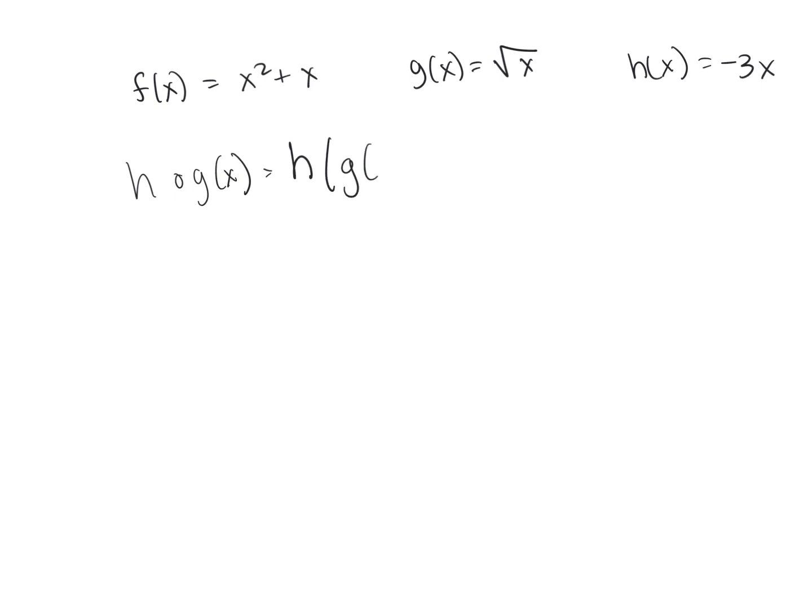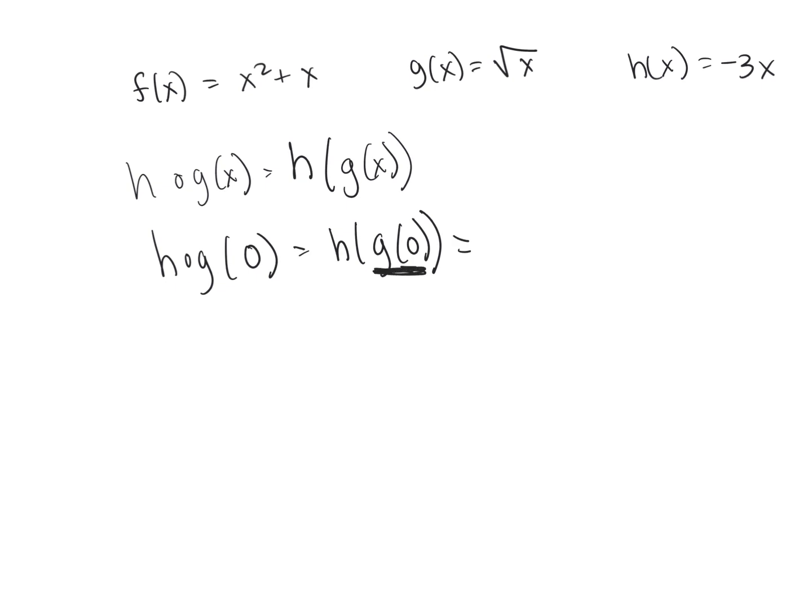Actually, they want me to find h of g of 0. So this would say, put 0 into g. This is the same as h of the square root of 0, which is 0. And then put 0 into h, which is 0. So it's just 0.